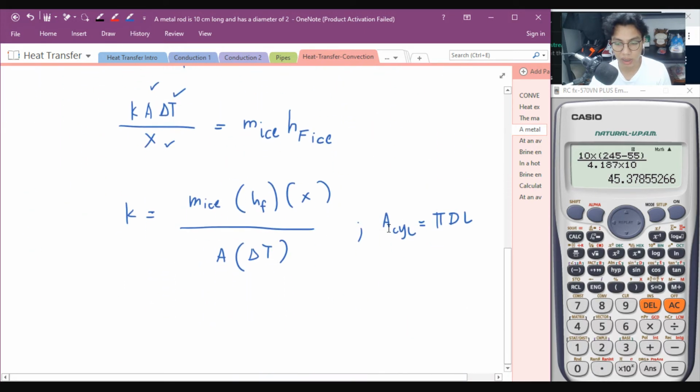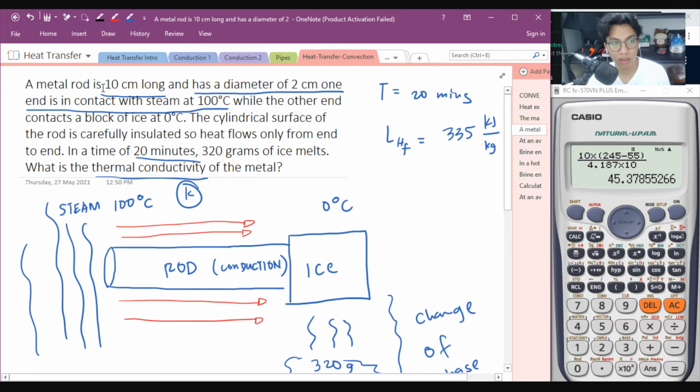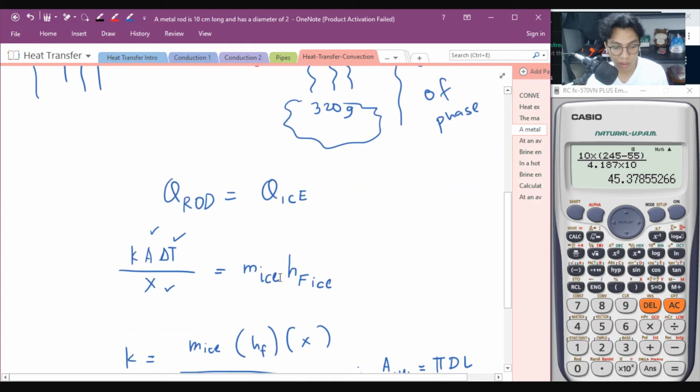Okay, that is the area. Going back to your solid mensuration, kailangan alam mo yung surface area. Okay? Now, what will be the thickness? Ano bang thickness dyan? Ito ang thickness niya. Diameter 2 cm and ayun, yung length na binyahe ng iyong init.